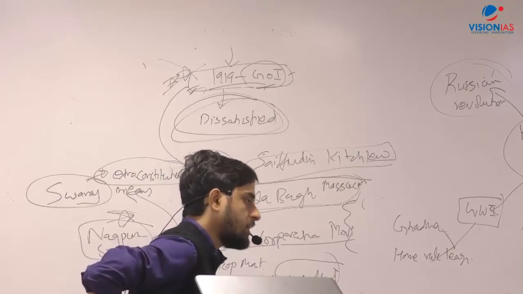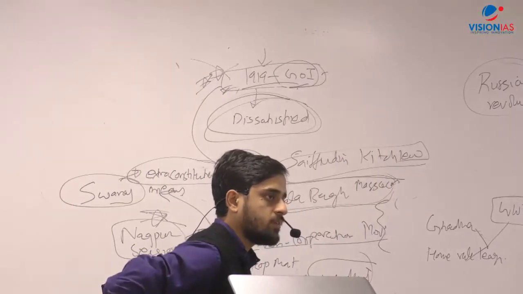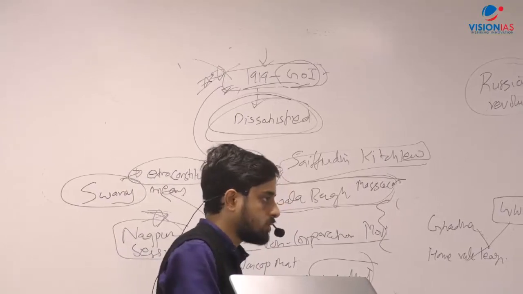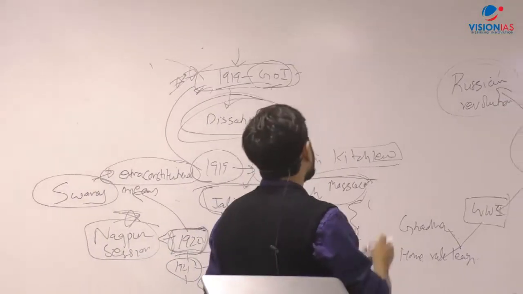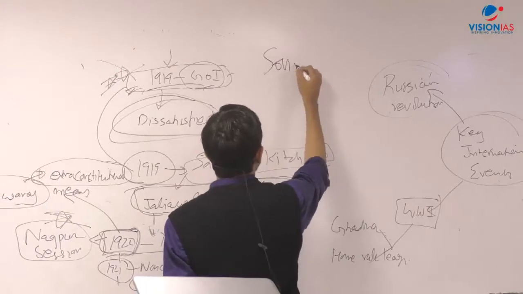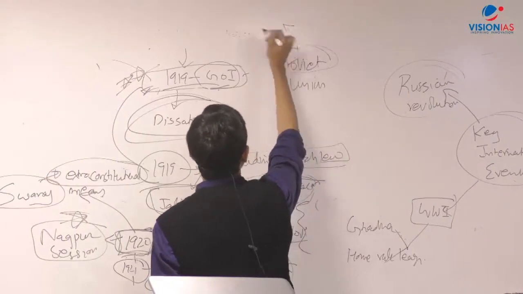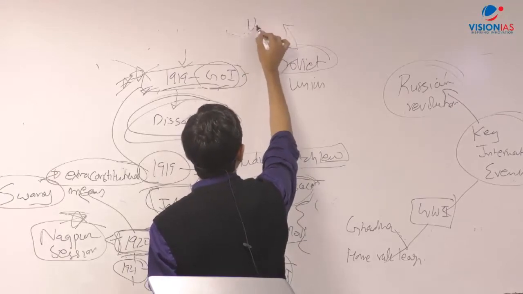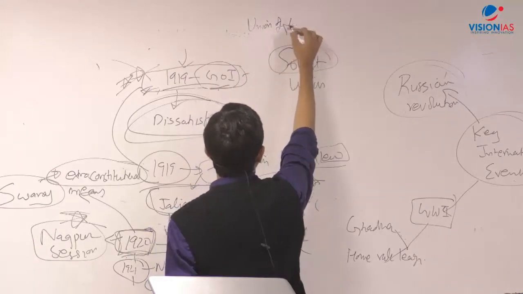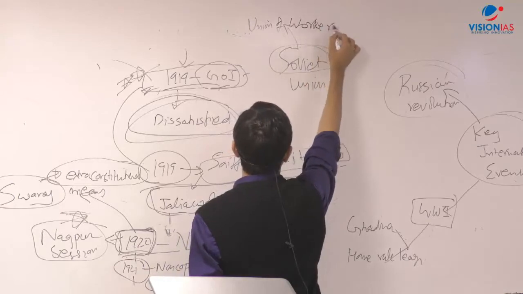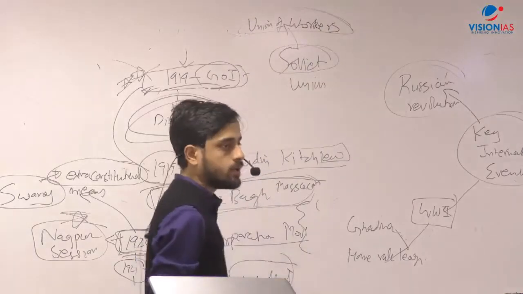Now, after the Russian Revolution and after the overthrow of the monarchy, they declared Russia a Soviet Union. Now, what does this term Soviet mean? The term Soviet means a union of workers.